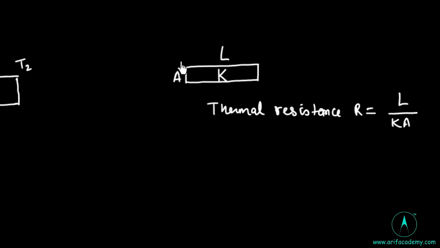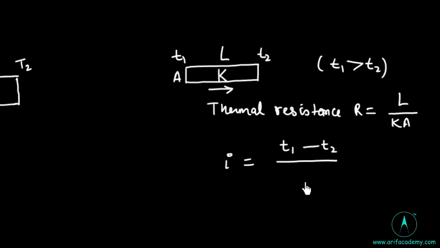And if we have temperatures T1 and T2, and suppose T1 is greater than T2, the thermal current I is equal to (T1 minus T2) upon thermal resistance.